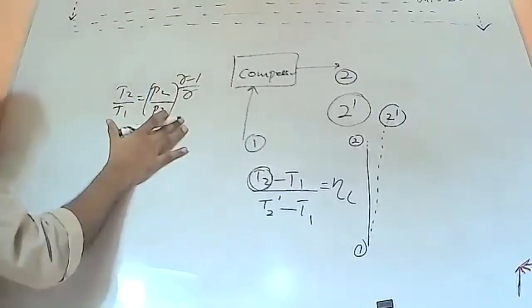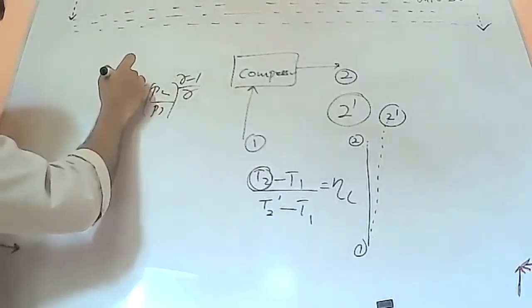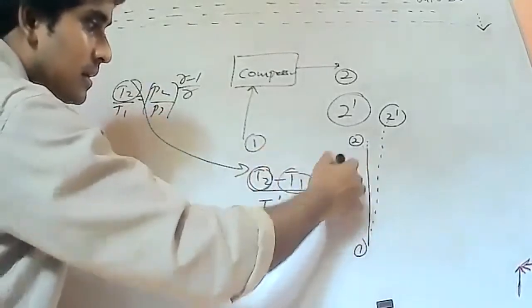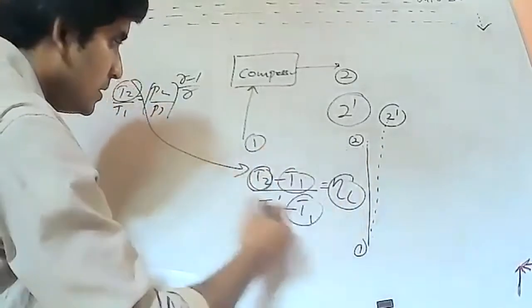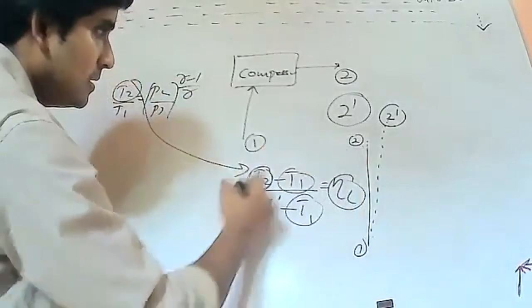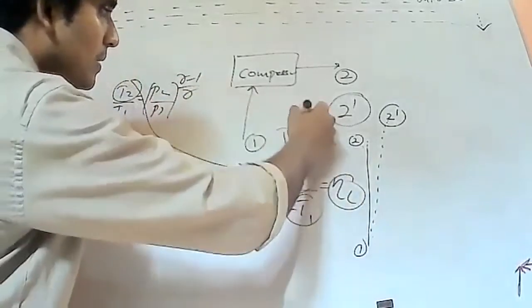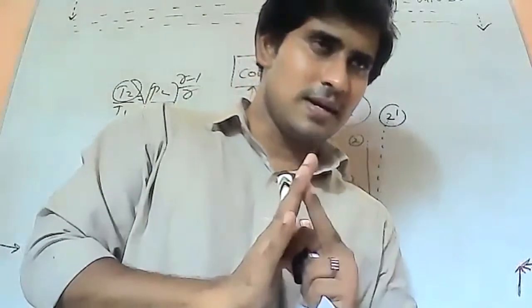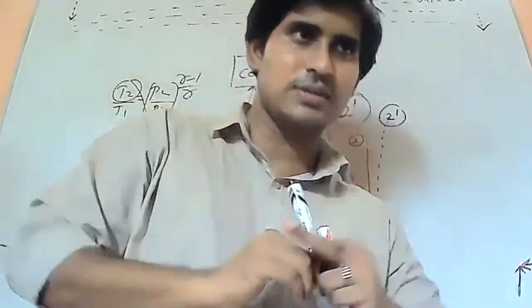So from this equation, you know T2. So that T2 you can put there. T1, you know. So then you can find T2 dash. So that is the temperature under the actual scenario.